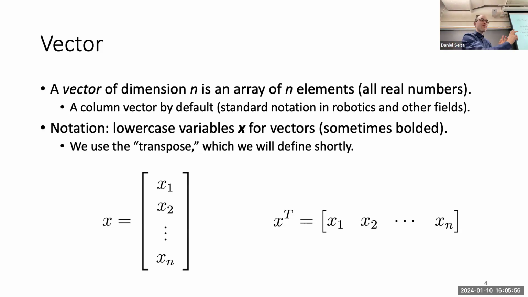There might be different notations that people use, but if you're familiar with vectors, usually the meaning will be clear from context. And then we use the transpose operation. If we want to express something that looks like a row, then we just put x to the T over there. That's a transpose. Hopefully everyone has seen that.